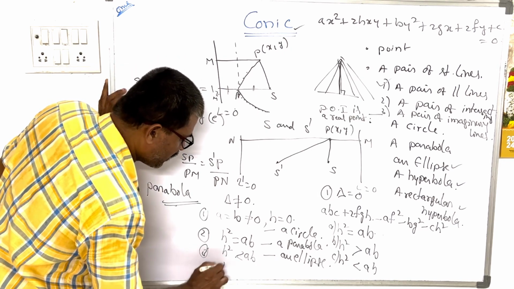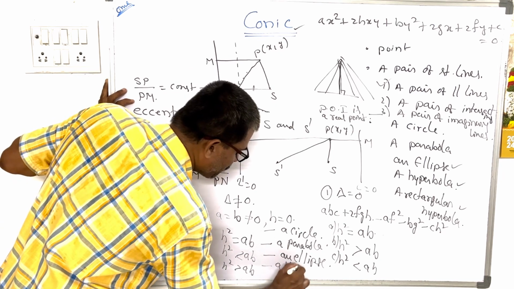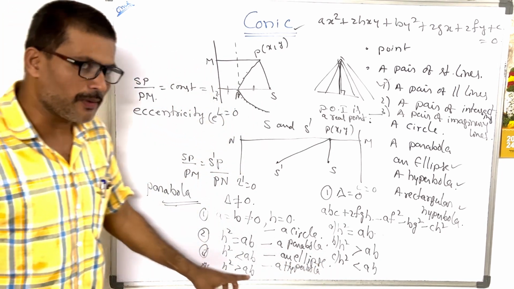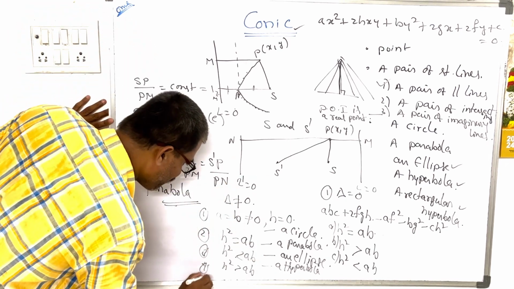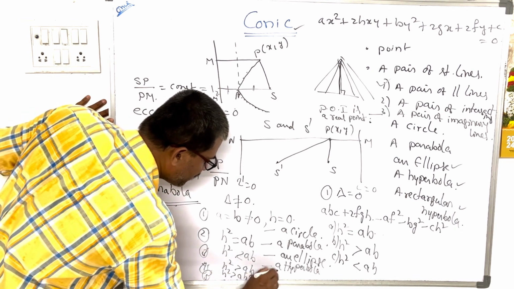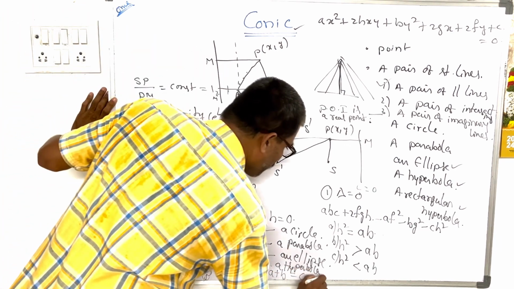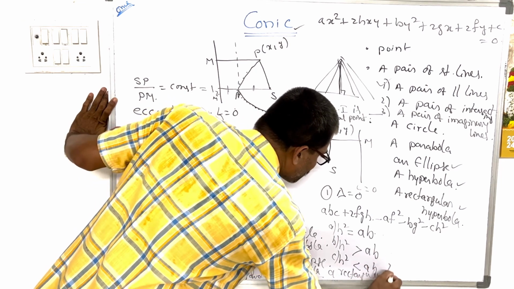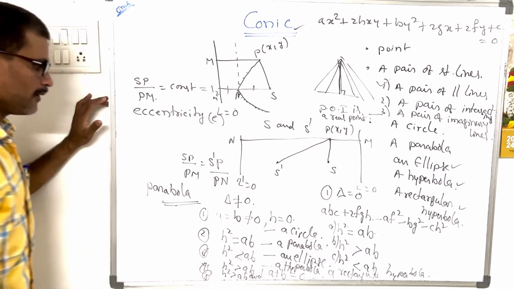Similarly, the fourth one, h square greater than ab, a hyperbola. The fifth one, h square greater than ab and one more condition, the sum of a and b equal to 0, which forms a rectangular hyperbola.